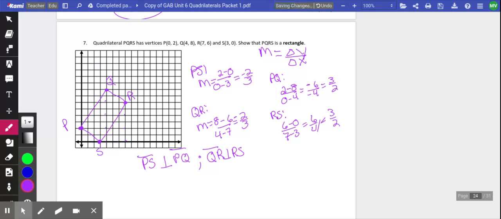QR is perpendicular to RS. And PS is perpendicular to SR. And the one I forgot is PQ is perpendicular to QR. Because slopes are negative reciprocals.